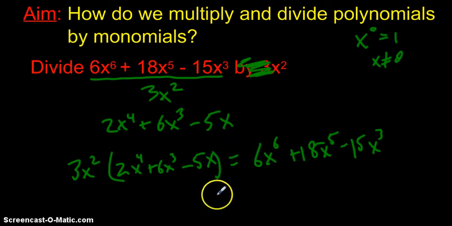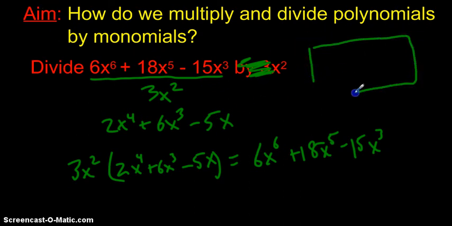You can also visualize this as the area of the carpet. Let's do it over here. So let's say we drew this out. In this case, we actually know the area of the carpet because the product is the area.